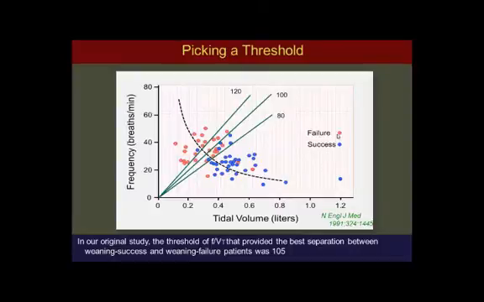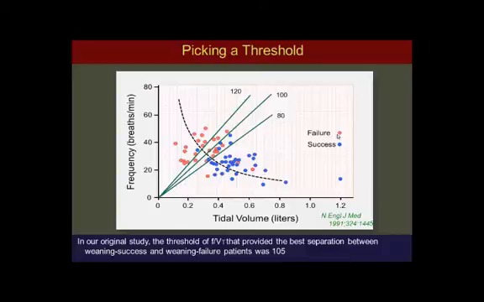If we look back at the original study that we performed, the failures are shown in the red dots, and the successes are in the blue dots. You can see that the failures tend to have high respiratory frequencies and low tidal volumes, and the successes tend to have higher tidal volumes and lower frequencies.